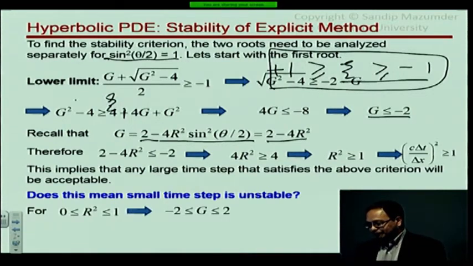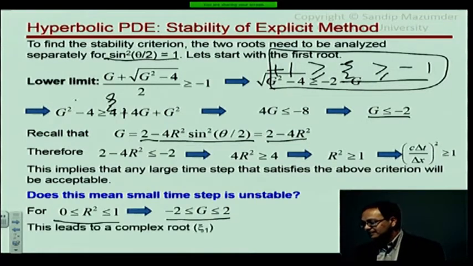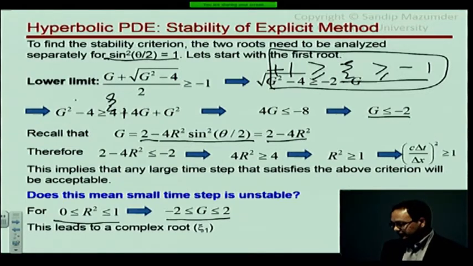Okay, so suppose I use small time steps. In other words, I don't use r square greater than 1, but I use r square between 0 and 1, less than 1. Of course, it has to be greater than 0, okay, because it's a square of a number. Then I get this guy, g is less than or equal to 2 and greater than or equal to minus 2.